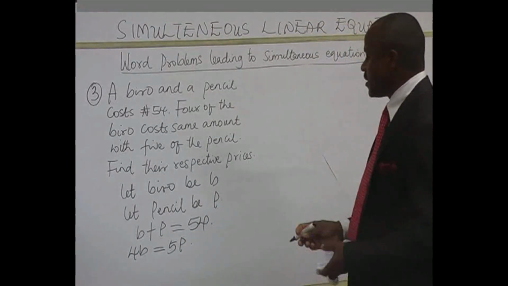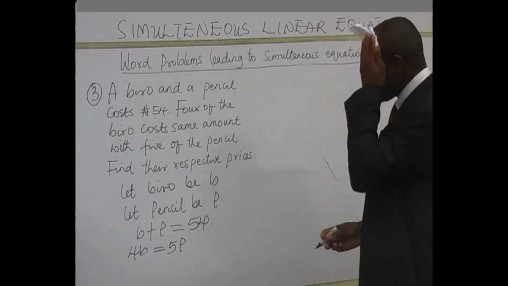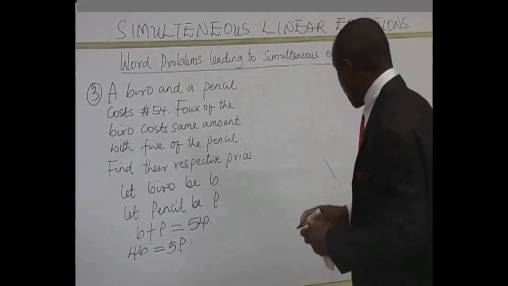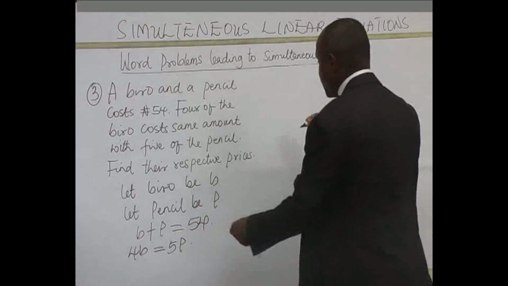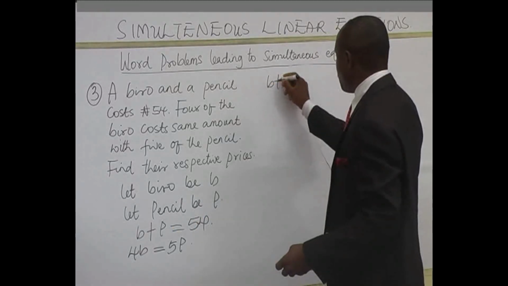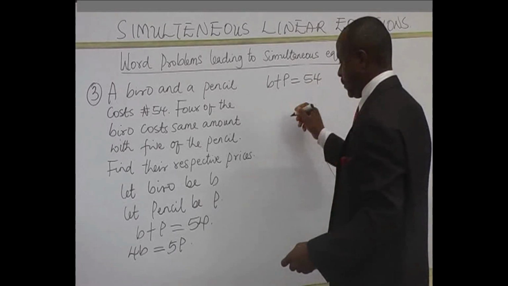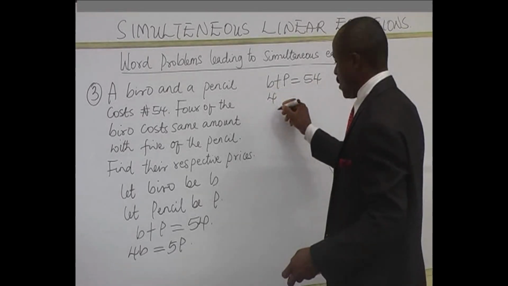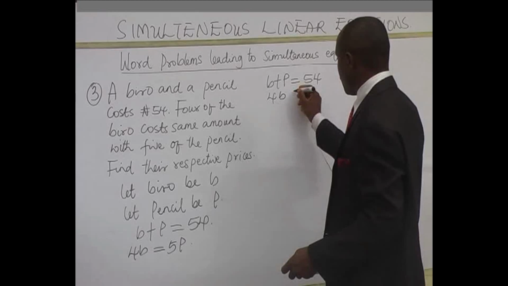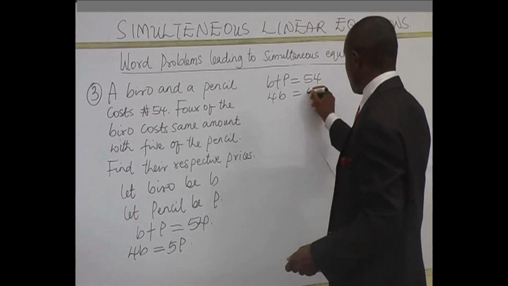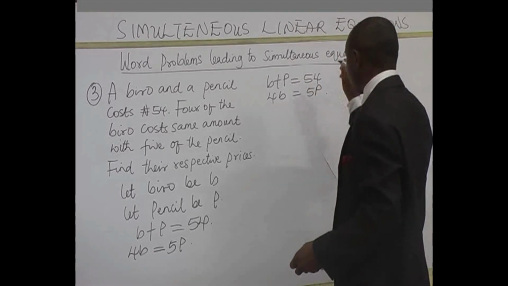So these are our 2 equations. First one is B plus P is equal to 54. Second one, 4B is equal to 5P.